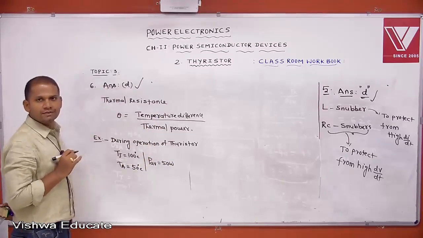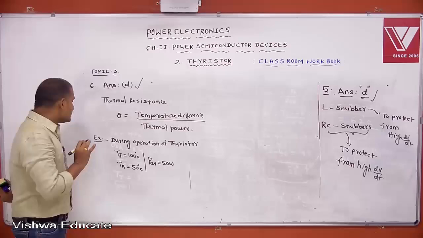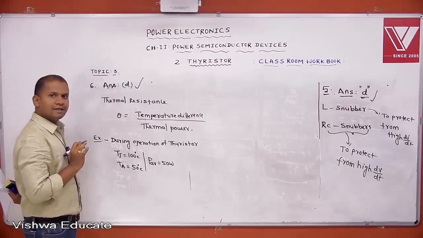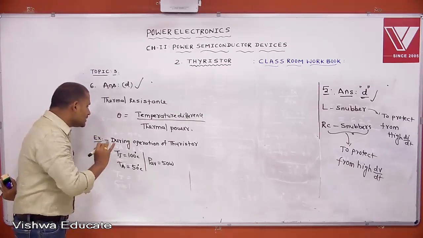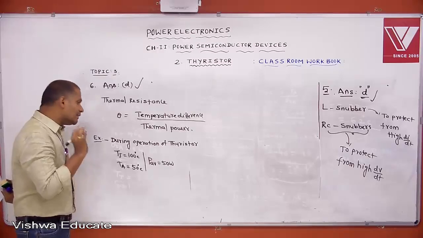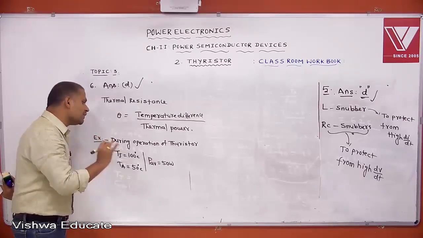This is the first case, an example I am giving. Junction temperature is 100 degrees centigrade, ambient temperature is 50 degrees centigrade. In that case, average thermal power is 50 watts.